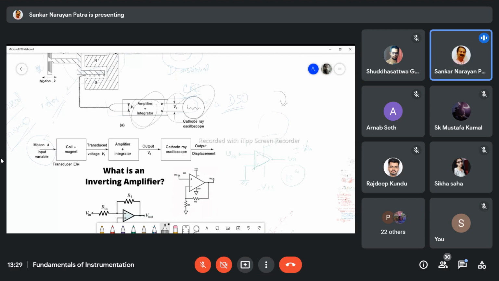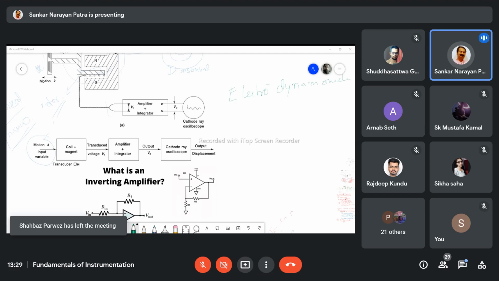Okay, I started with this one by the d'Arsonval galvanometer, but that is just opposite. This picture is sometimes called electro dynamometer, or sometimes called electrodynamic type displacement measuring instrument.